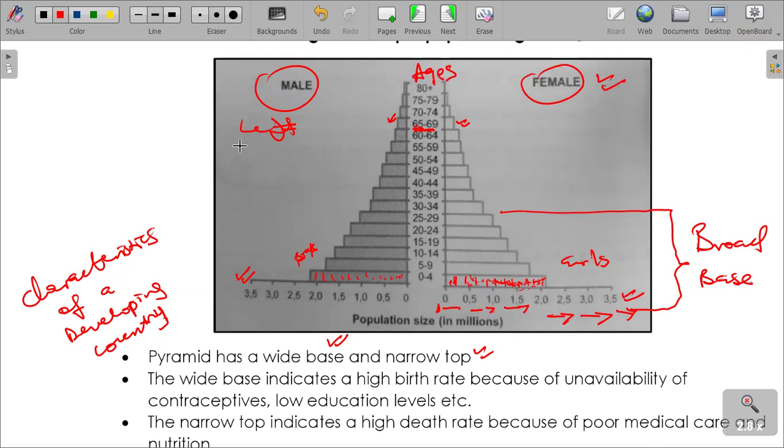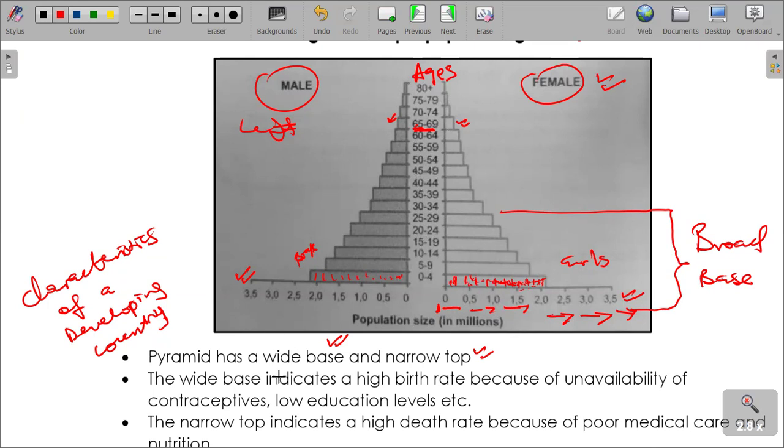You see the top is becoming pointy. Even at plus 80 years, we identify very few people, almost zero point zero one million, in both male and female.